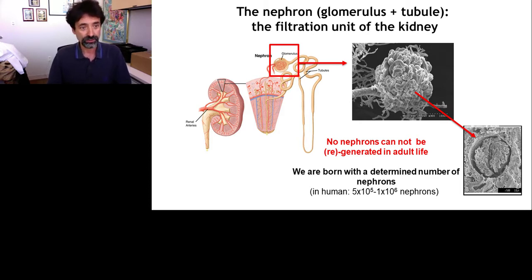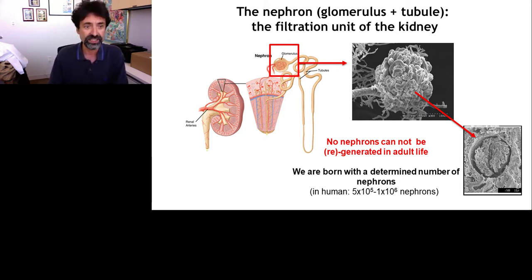In the glomerulus, the major filtration of the blood and the formation of the initial urine happens. Then, through the passage through the tubules, the urine gets concentrated, and the elements that are important for our organism get reabsorbed, and some other substances that have to be eliminated get released by this portion of the nephron.